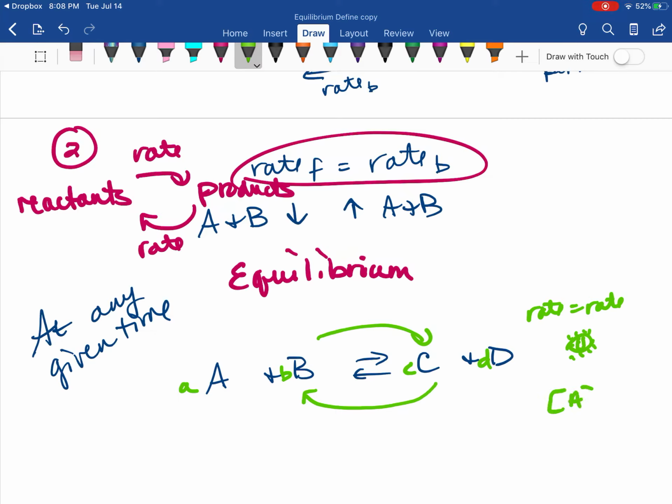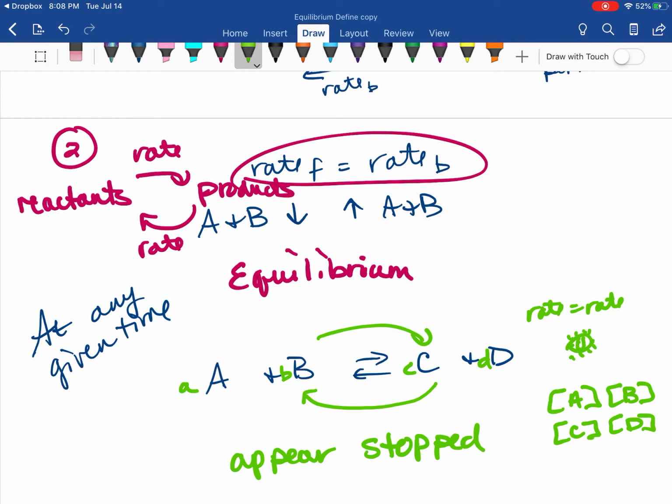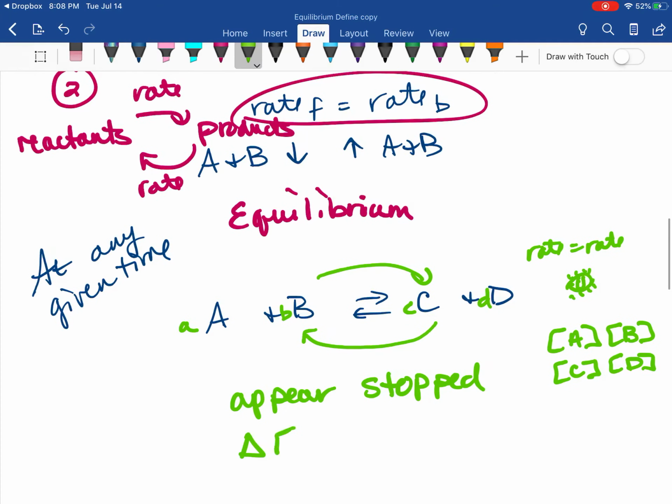One of the easier things for us to actually see and monitor is concentration. So our concentrations of A, B, C, D. What it would actually look like is that those concentrations have stopped changing.